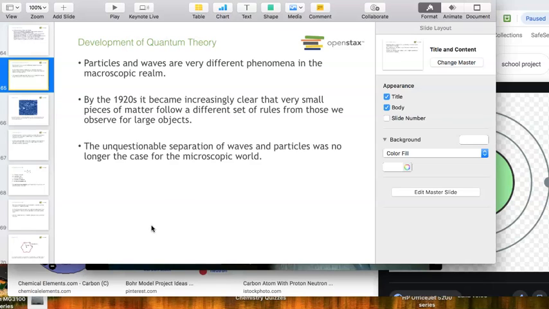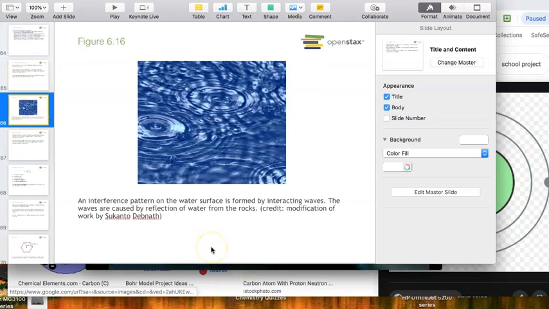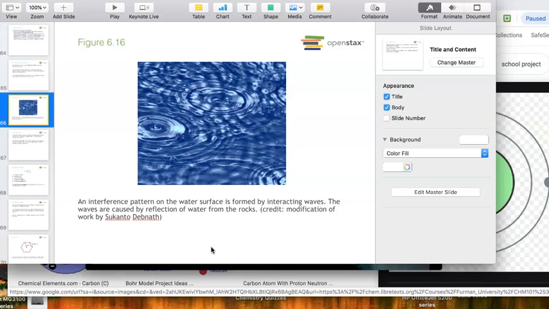But in the 1920s, it became clear that very small pieces of matter follow a different set of rules from those we observe for large objects. So the unquestionable separation of waves and particles was no longer the case for the microscopic world. Here we see an interference pattern on the water surface. It's formed by interacting waves. The waves are caused by reflection of water from the rocks.